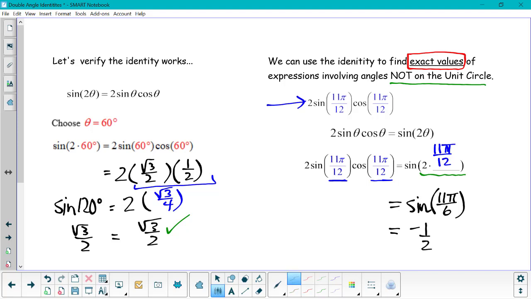So this expression is equal to negative 1/2. That's our exact value. You could check that by putting it in a calculator, and it would give you negative 0.5. But sometimes it's not always a nice expression like a fraction that's a terminating decimal.